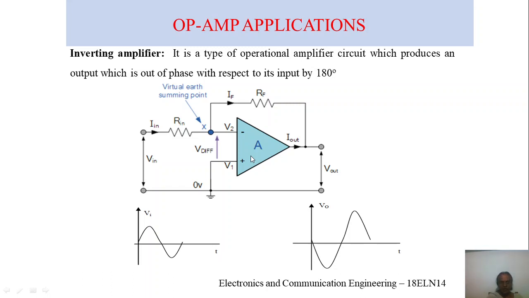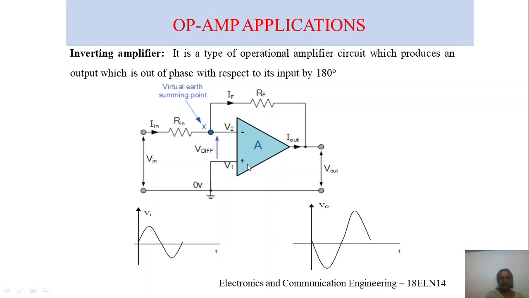This is because the junction of the input and the feedback signal, here the feedback signal is X, is called a virtual earth summing point. This is because the junction of the input and the feedback signal X is at the same potential as the positive input.